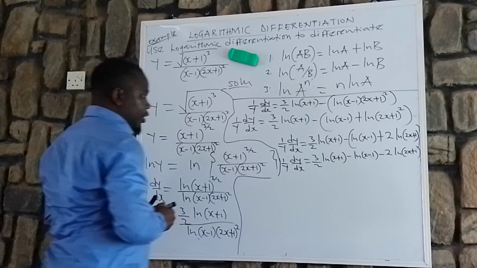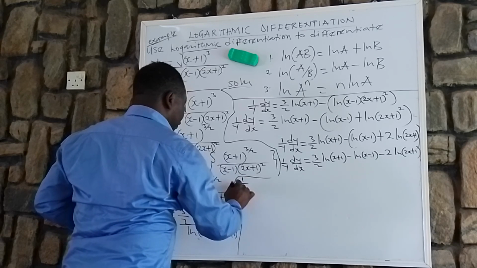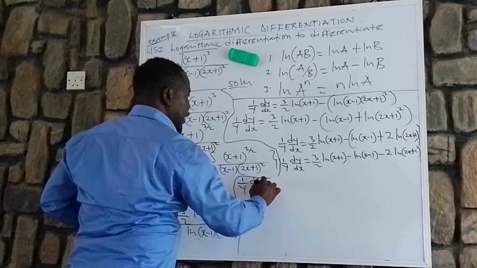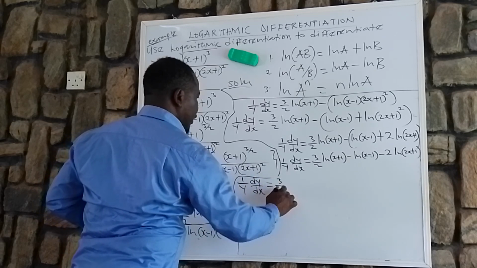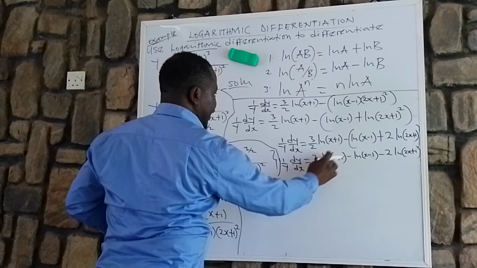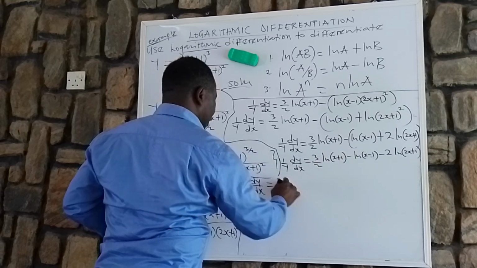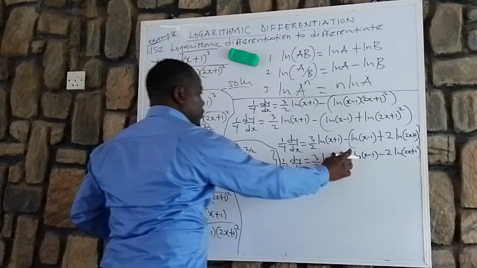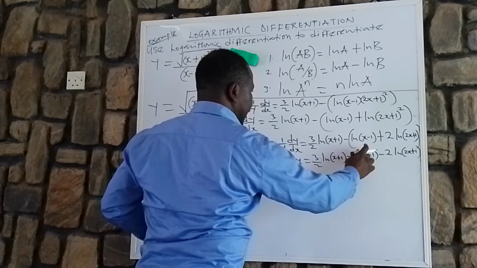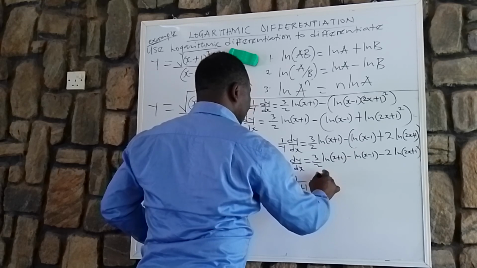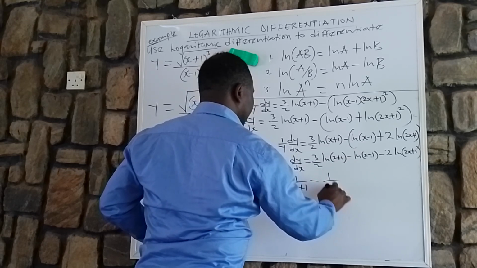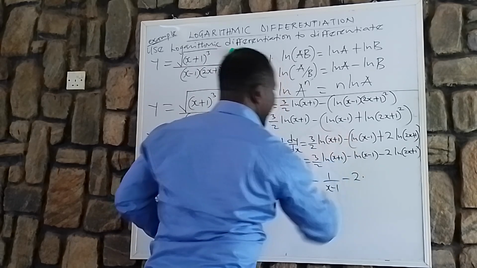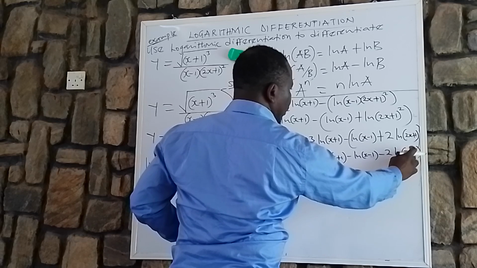So 1 over y dy over dx is equals to 3 over 2. If we differentiate ln(x plus 1), it will give us 1 over x plus 1, minus the derivative of ln(x minus 1), which gives 1 over x minus 1, then minus 2 times the derivative of ln(2x plus 1).